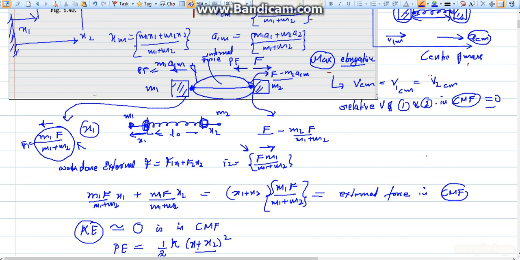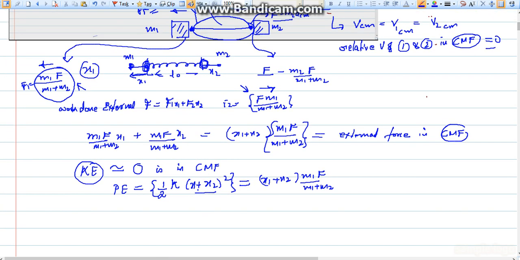So this potential energy stored in the spring is because of the work done by the external forces, which is (x1 + x2) m1 F upon (m1 + m2), and from this we can get x1 + x2 is equal to twice m1 F upon k (m1 + m2).